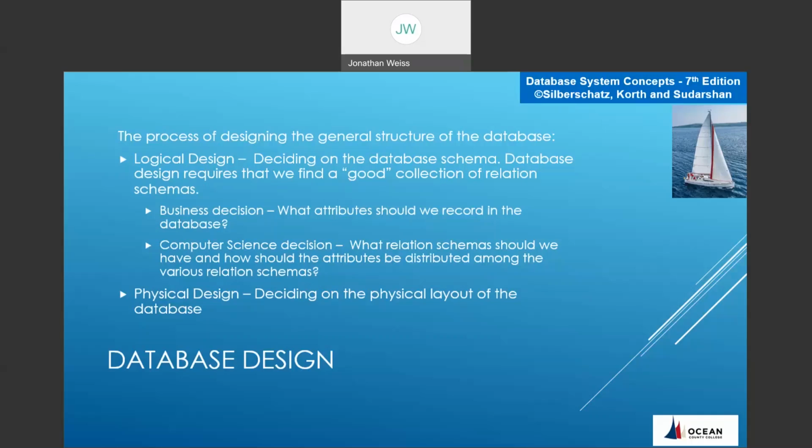How is it going to support your business processes? You need to make the business decision of what data you need to support your business processes, and you need to make the computer science decision of how you're going to organize that, structure it and break it up. That's the logical design. And then the physical design is deciding how you're going to physically implement that in your database.